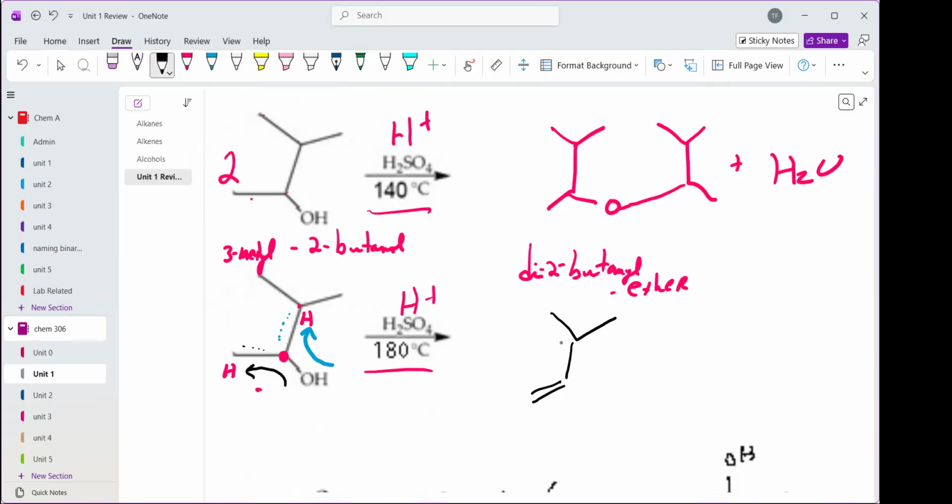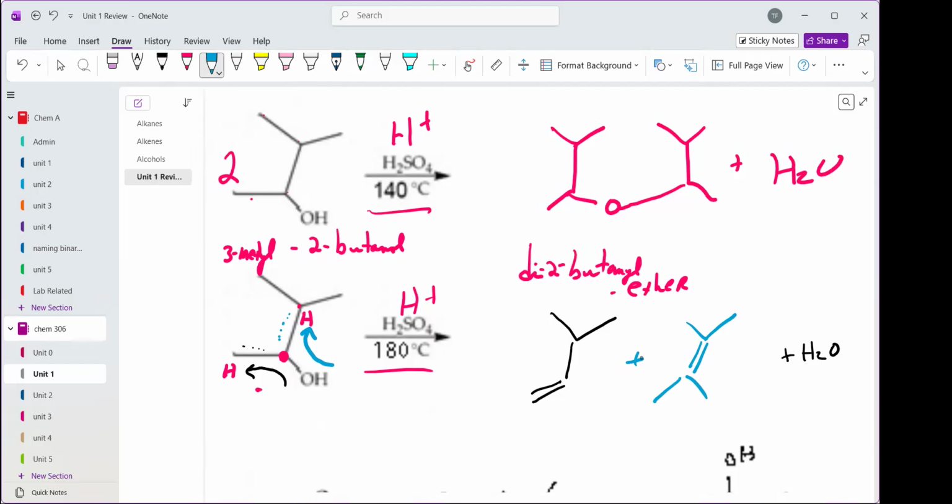So we're going to pull off water. And we can also pull off water using the other carbon, the blue carbon. Okay, so we've got a mix.